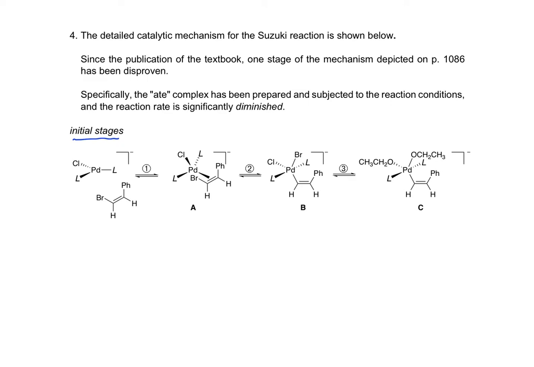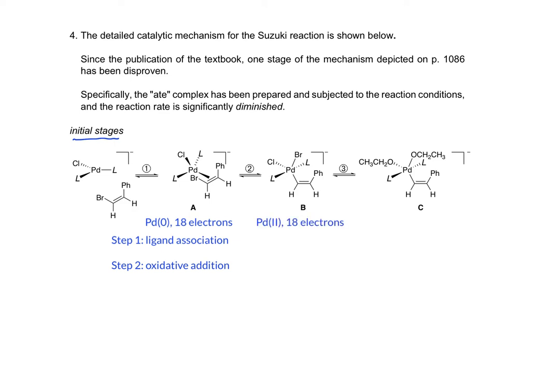The anionic palladium catalyst first coordinates with a pi bond of the vinylic halide. After this ligand association step to give intermediate A, this brings the carbon-halogen bond into close proximity with palladium for the oxidative addition step to give intermediate B.